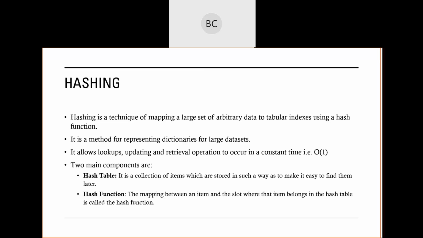Correct? So if we use an array to store employee data or any data and you want to search for something, it will take O(n) time, correct? The time complexity for searching any item in an array is big O of n in the worst case.